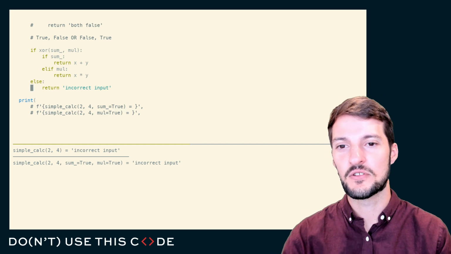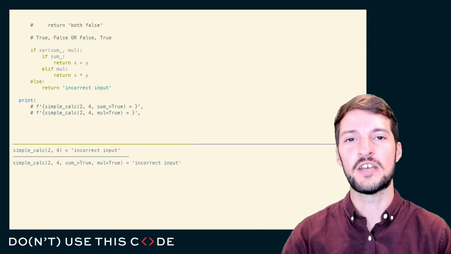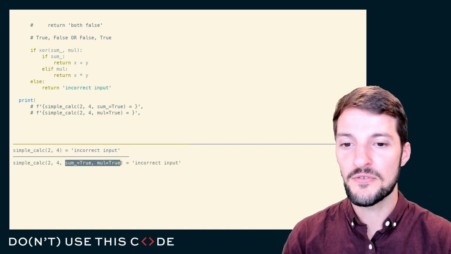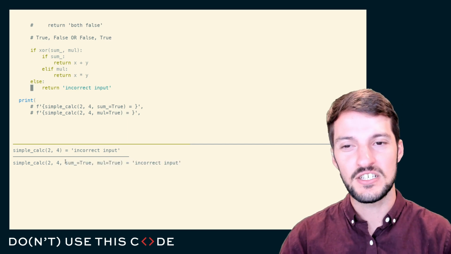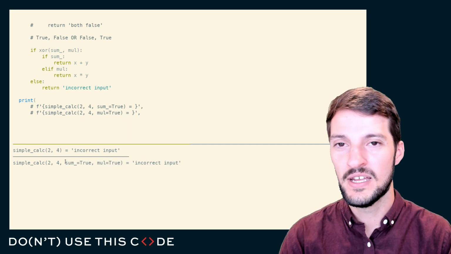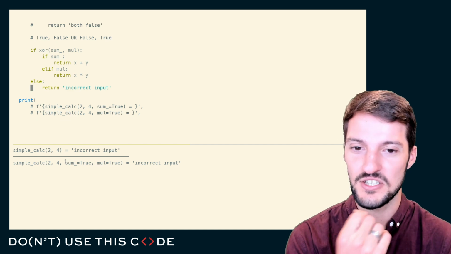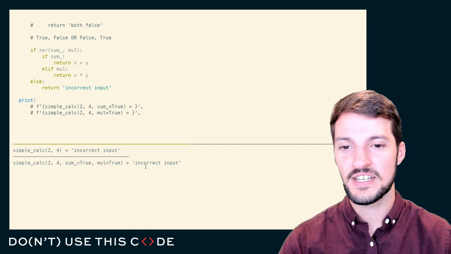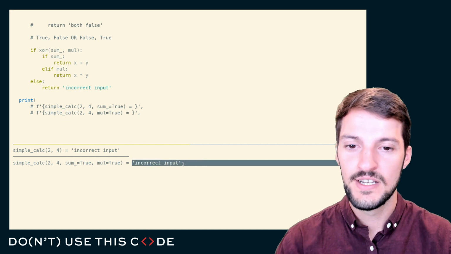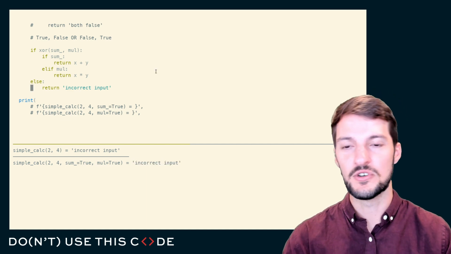But I just return this incorrect input, or I raise a value error of incorrect input. Same thing if I have two flags, right? If I didn't use XOR to test this, this would actually return the sum. And if I want the sum and the multiplication, why am I just getting the sum back? But since we are using this XOR, this exclusive OR, we return this incorrect input.